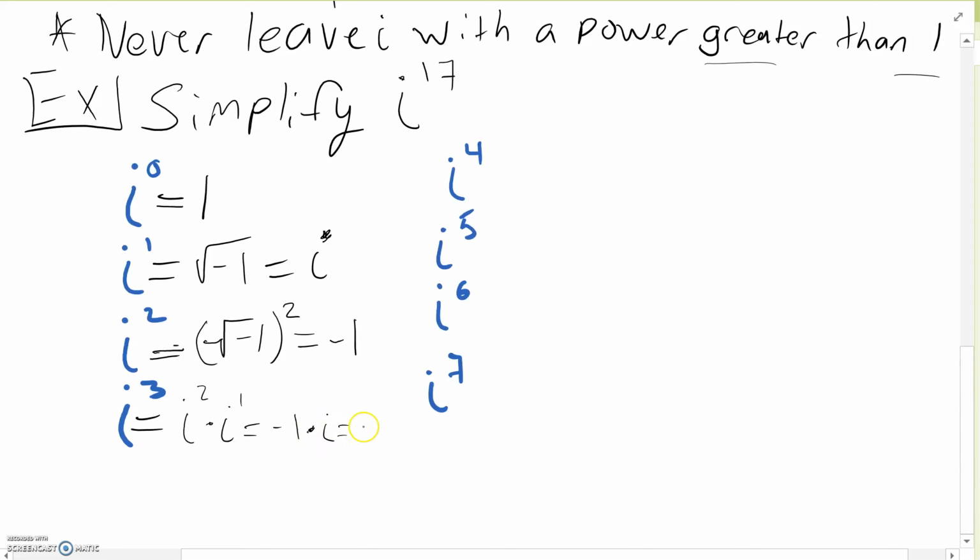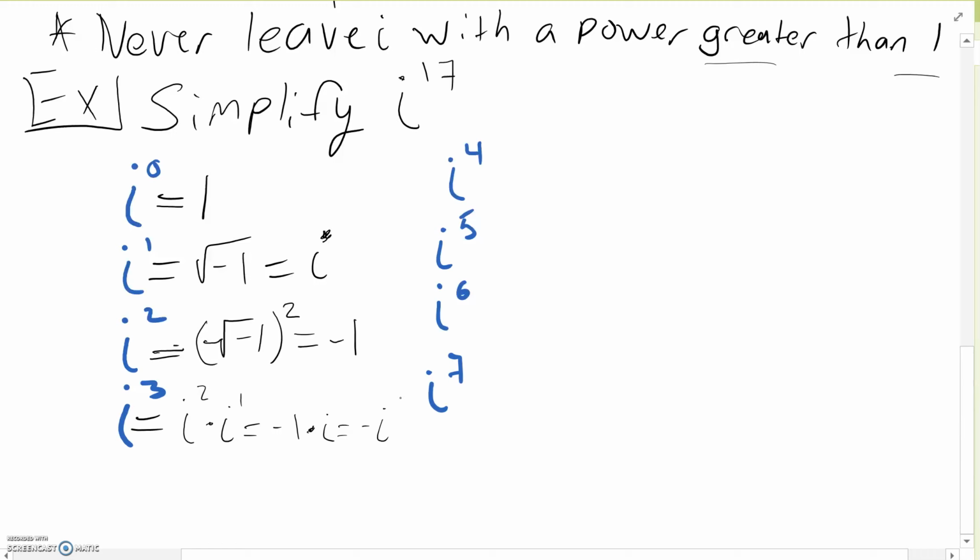So the answer is -i. That is i cubed. It's -i. And again, this is i to the 1st power, so it's -i. We're good. We're taken care of. We've gotten it so that it has a power of 1. It doesn't have a power greater than 1. And we've reduced it. So if you ever see an i cubed, you would need to write it as -i. You don't need to do the first thing. That's just to prove the point.